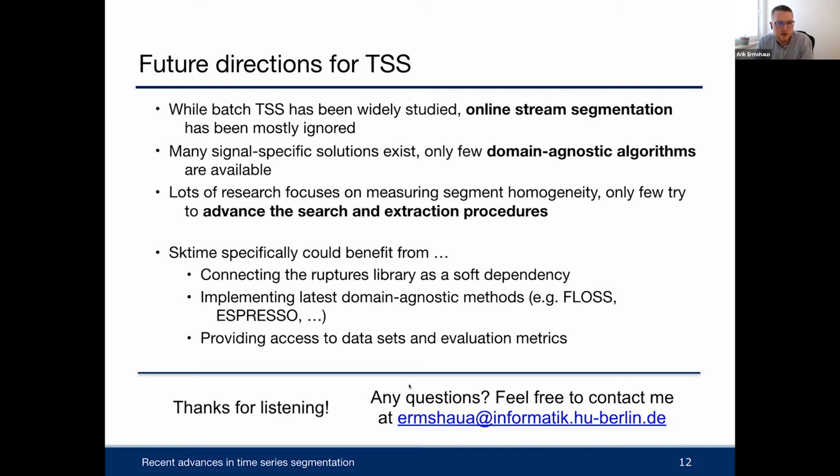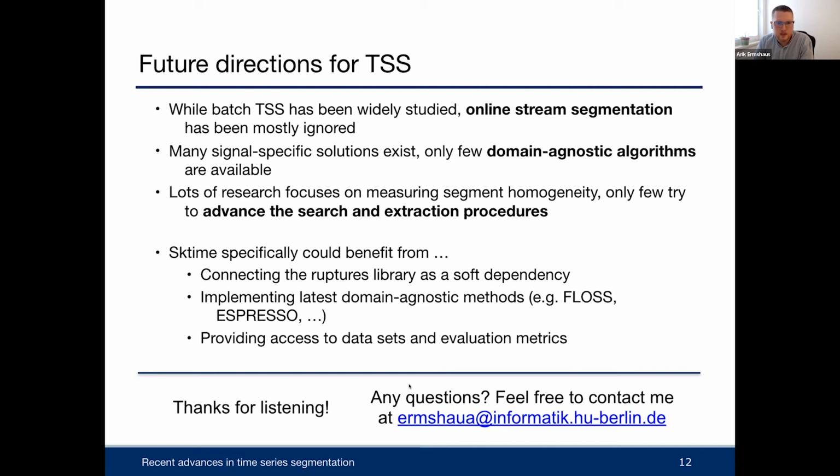Then also, if you look into the literature, there are a lot of publications that are quite specific. They try to devise cost functions for very specific signals, but you only see very few algorithms that claim to be domain agnostic, or at least try to cover a wide range of signals, which I think is maybe where future research should look into more.